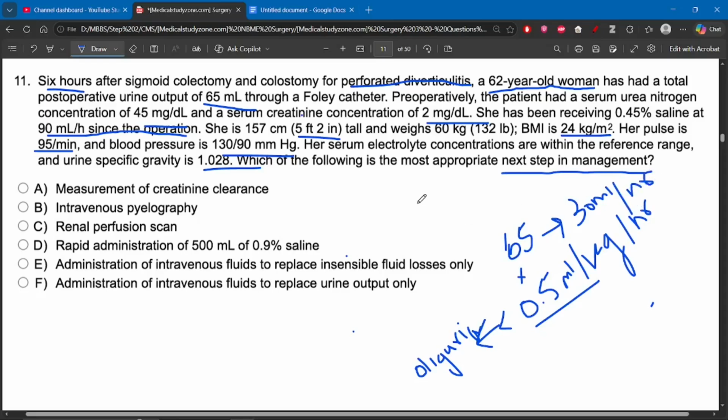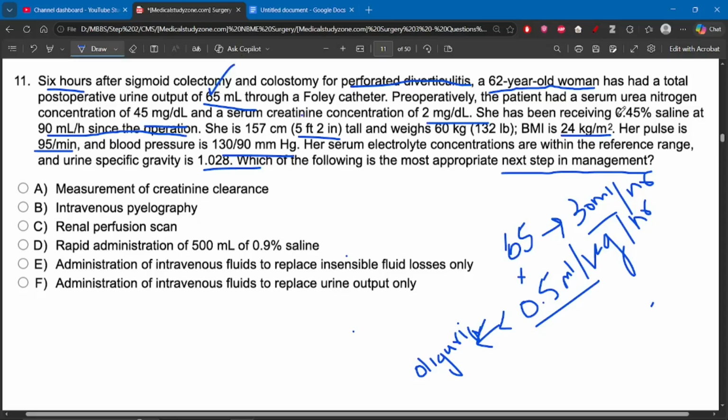Estimating it as if you're in the exam room, you don't really need exact figures. So this would be 30 per hour, and she has had a total of 65 ml for 6 hours. Just showing you that this is oliguria. This is decreased urine output. So this is the first problem that we have.